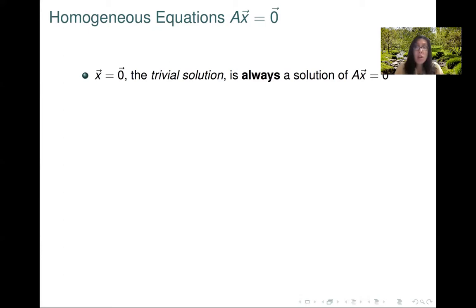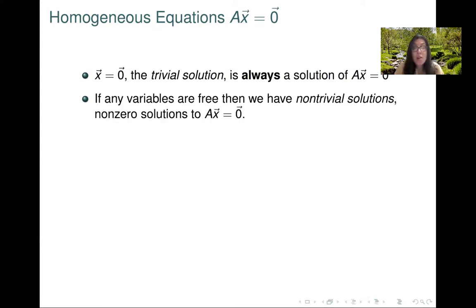So if every entry of X is 0, that means that all of the weights in our linear combination are 0, and so the linear combination itself is 0. So x equals 0 is always a solution to AX equals 0, and that's why we call it the trivial solution. If any variables are free, then we have non-trivial solutions, so non-zero solutions to AX equals 0.